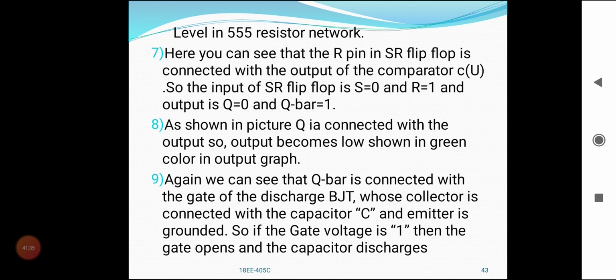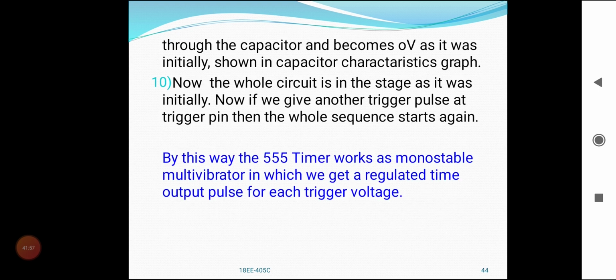Again we can see that Q bar is connected with the base of the discharge BJT, bipolar junction transistor, whose collector is connected with the capacitor C and emitter is grounded. So if the base voltage is 1, then the transistor turns on and the capacitor discharges and becomes 0 volts as it was initially, as shown in the capacitor characteristics graph.